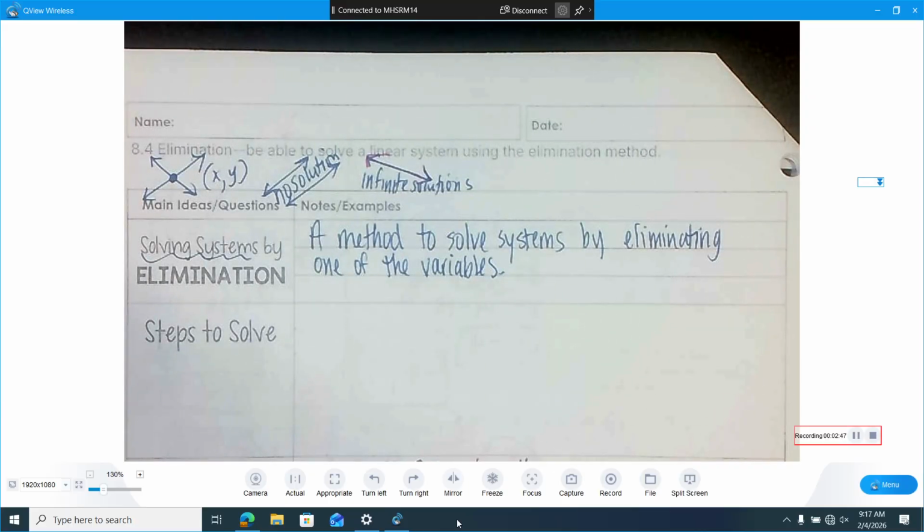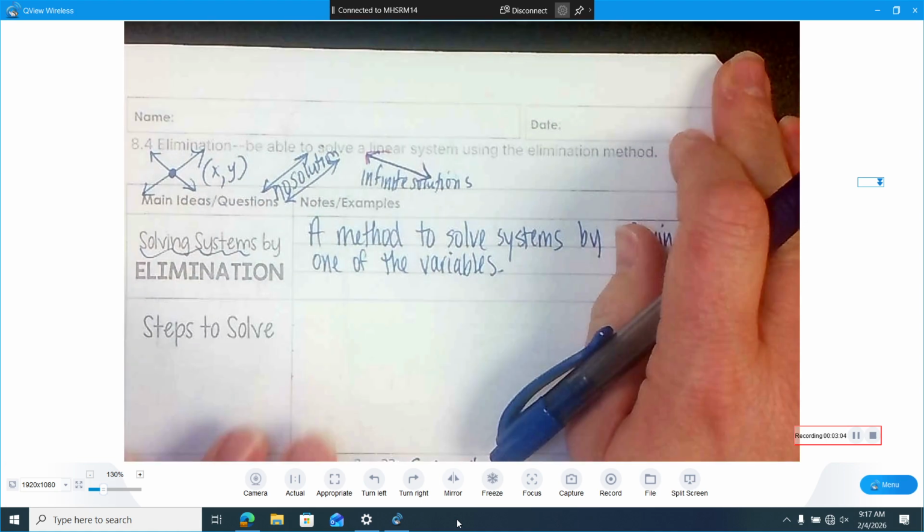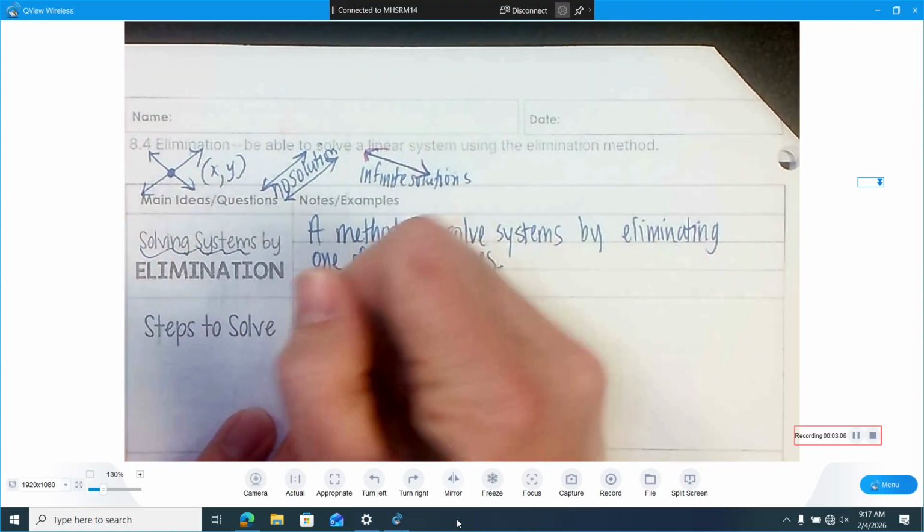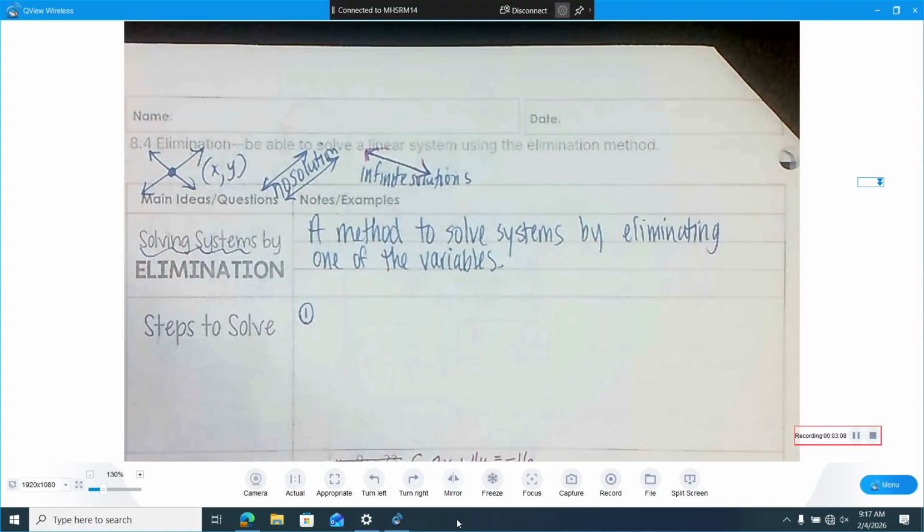Every time I teach elimination, I get in touch with my Arnold Schwarzenegger. It's like Terminator, okay. So we're going to be eliminating some variables. In order to do that, we have a couple of steps, and it turns out to be pretty easy steps. Most teachers teach this differently, but this is how I like to do it. I think it makes the most sense.